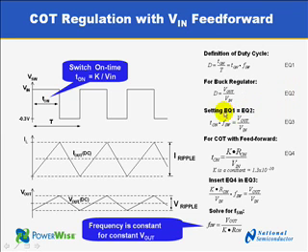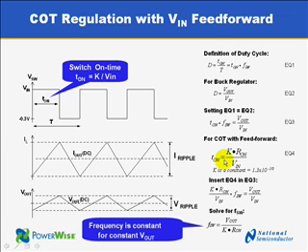If we set equation number 1 equal to equation number 2, we get this term: T on times the switching frequency is equal to VOUT divided by VIN. Let's record this as equation number 3. Another formula for constant on time with feedforward is this one.